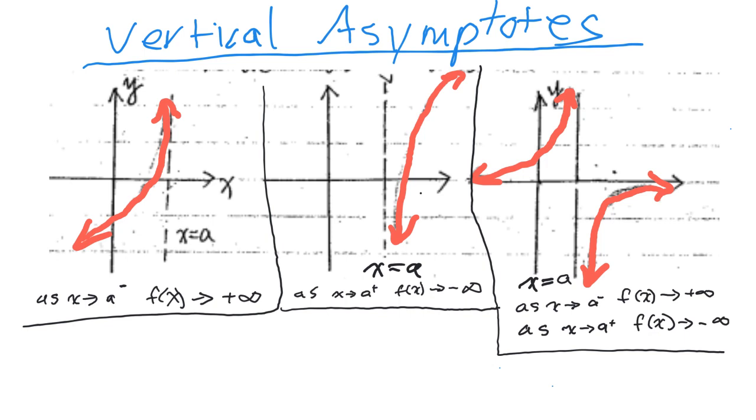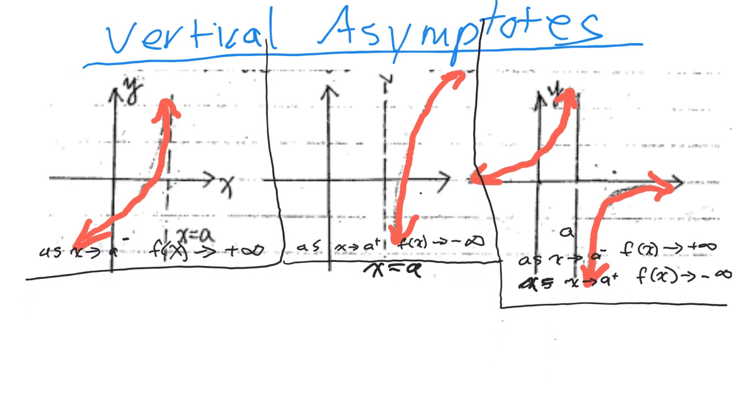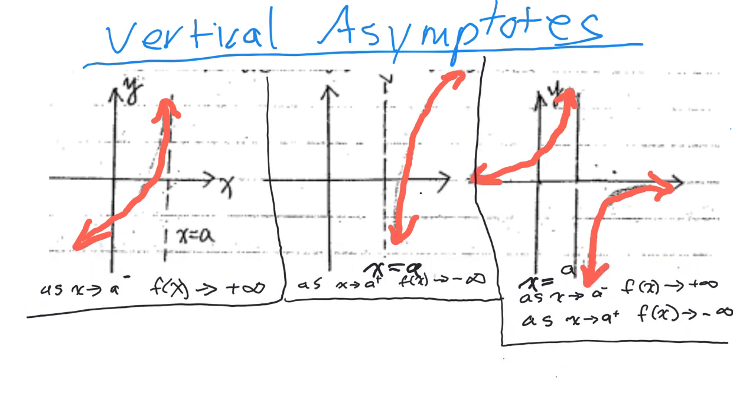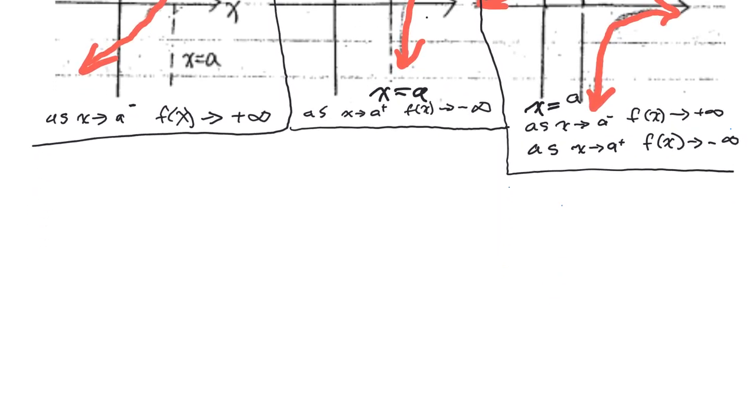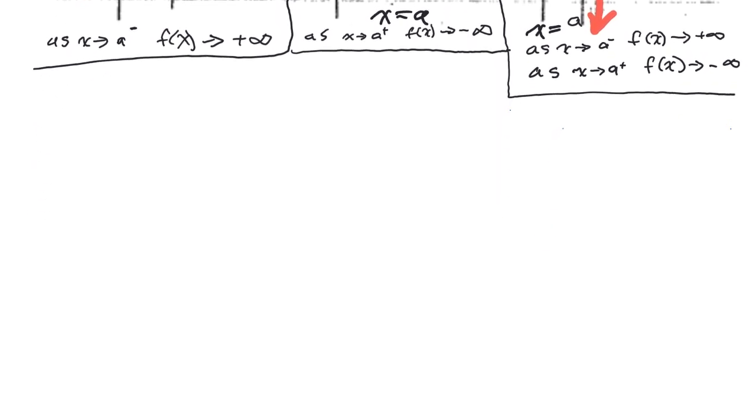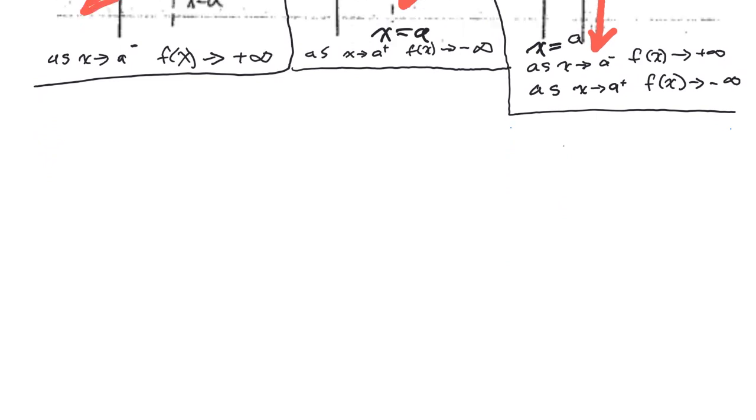So let's take a look at another graph, right? Another cool graph. Let me just move all this stuff up and we'll see what we've got here. This is our next example for our vertical parabolas.